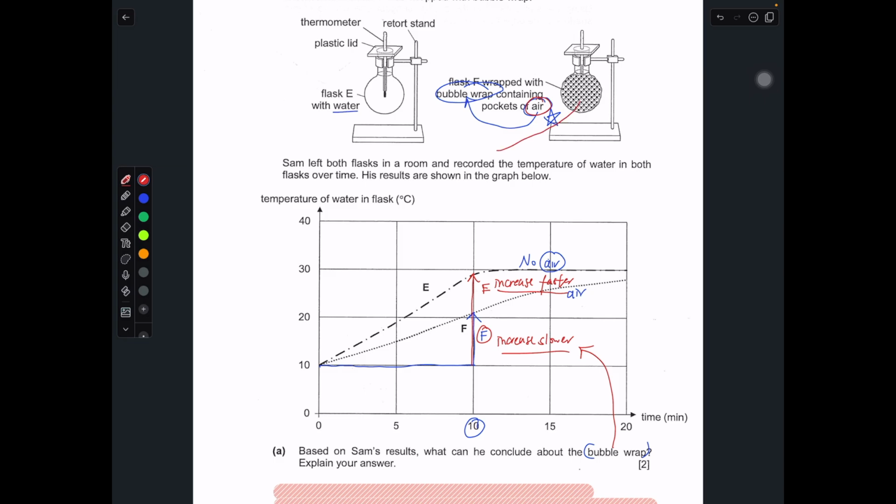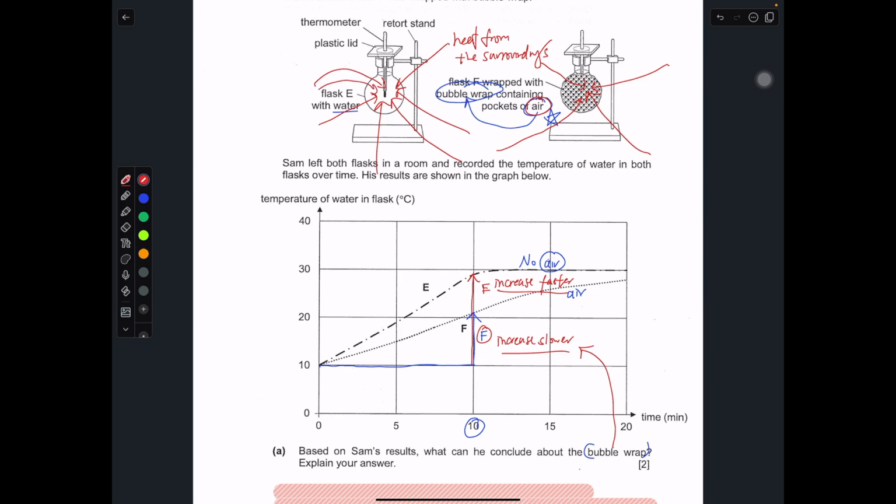The water has a lower temperature than the surrounding, so it will naturally gain heat from the surrounding. So imagine this has 4 arrows going through. Maybe this will have 6. This arrow represents heat from the surrounding that is entering the flask of water. So I could have more.